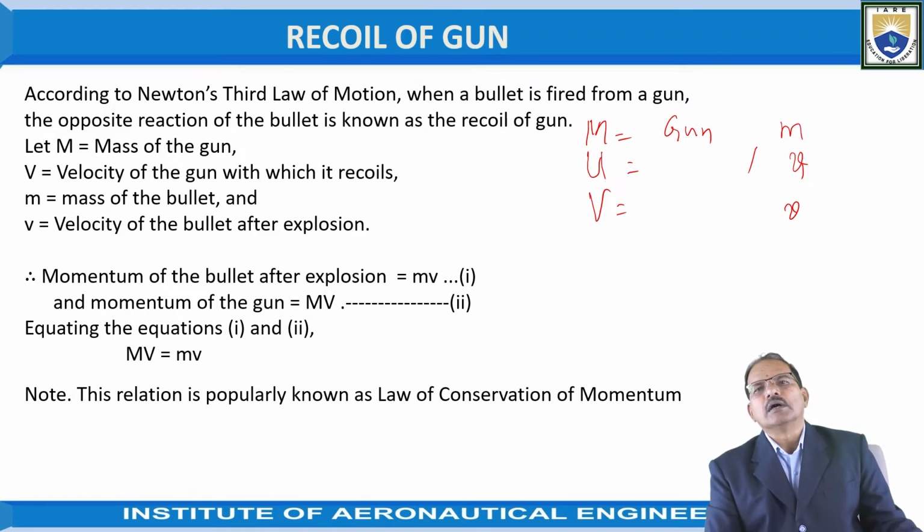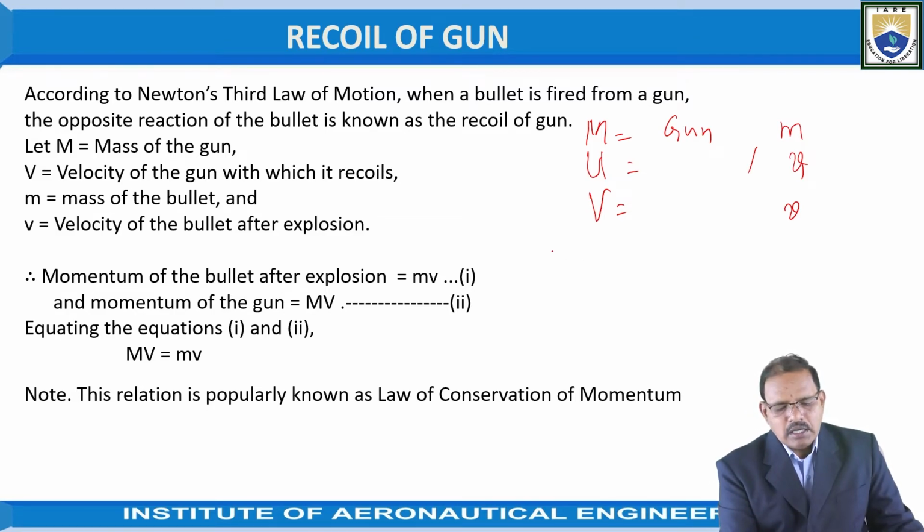Since the law of conservation of momentum also holds good for the gun, the momentum possessed by the bullet and gun before firing, since the velocity is 0, should be equal to the momentum possessed by the bodies after firing.